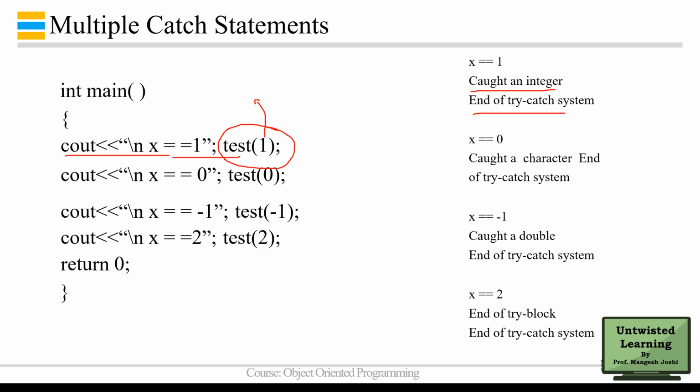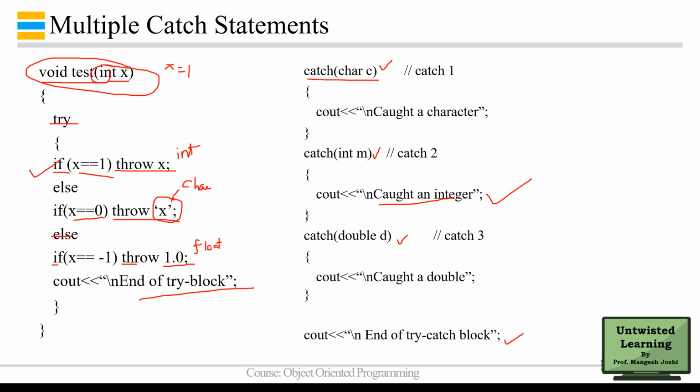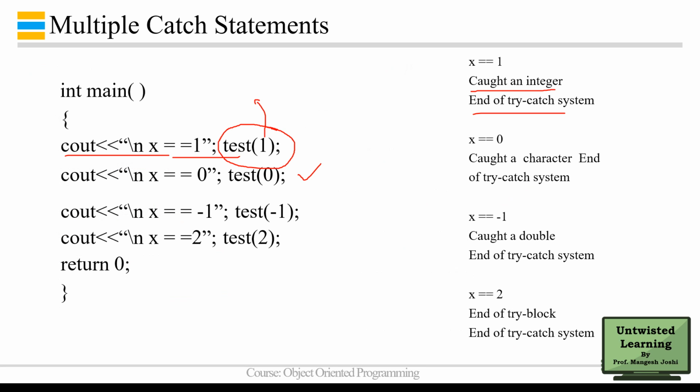Now the second test case is where the value 0 is passed through the test function. You can see the value of 0, then it will go to the character handler. So it will display caught a character, right? X compares with 1, caught a double, right?